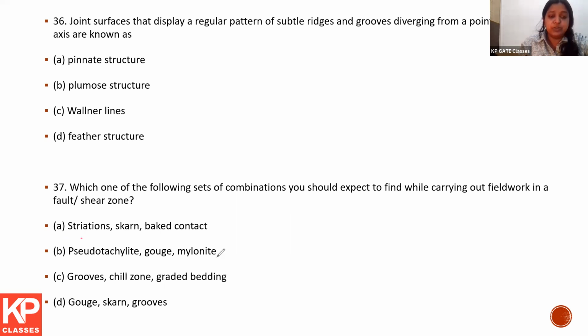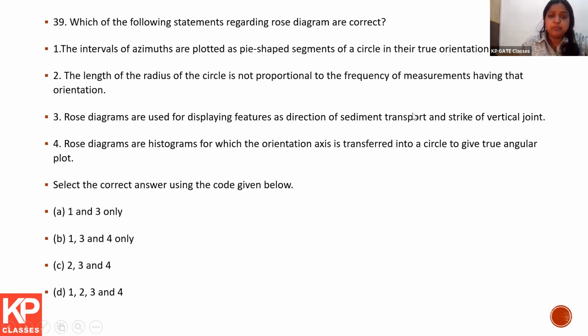Pseudotachylite, gouge, mylonite: yes, we get all these features associated with a fault or shear zone. Grooves are sedimentary, and skarn again is metasomatic. So the answer is pseudotachylite, gouge, and mylonite. This is also a very direct question.